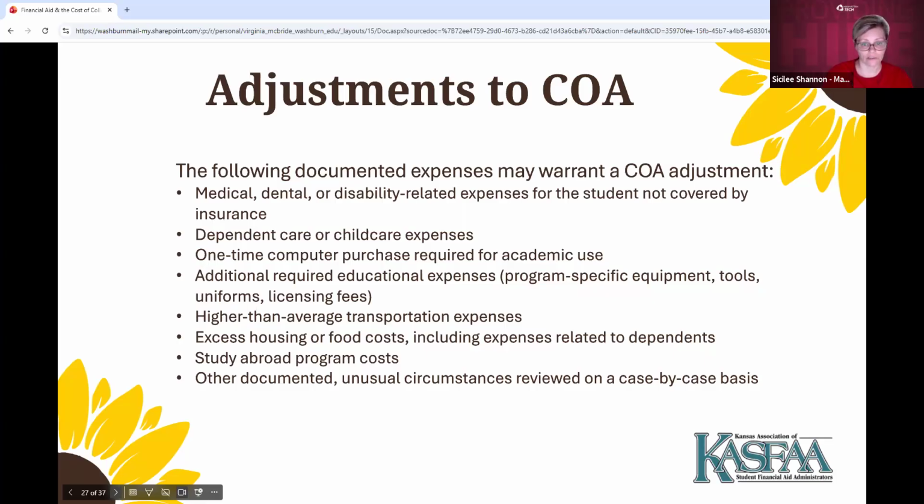Additional required educational expenses include program-specific equipment, tools, uniforms, and licensing fees. If the student has higher than average transportation expenses, these can be documented and adjust that COA. There could also be excess housing or food costs, including expenses related to dependents. There are also study abroad program costs, and other documented unusual circumstances can be reviewed on a case-by-case basis.